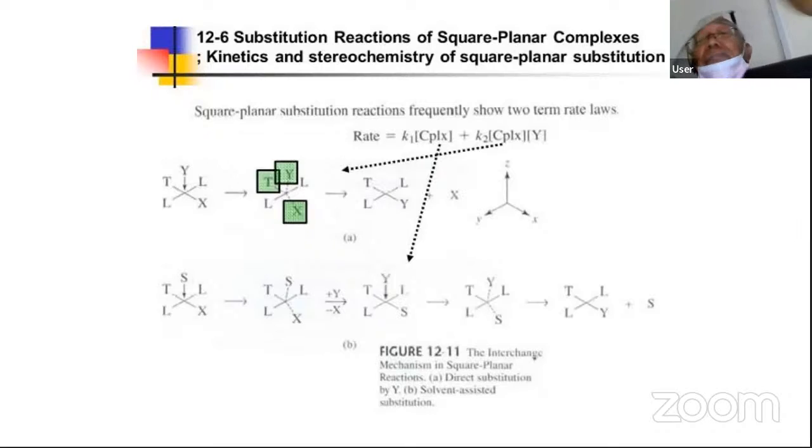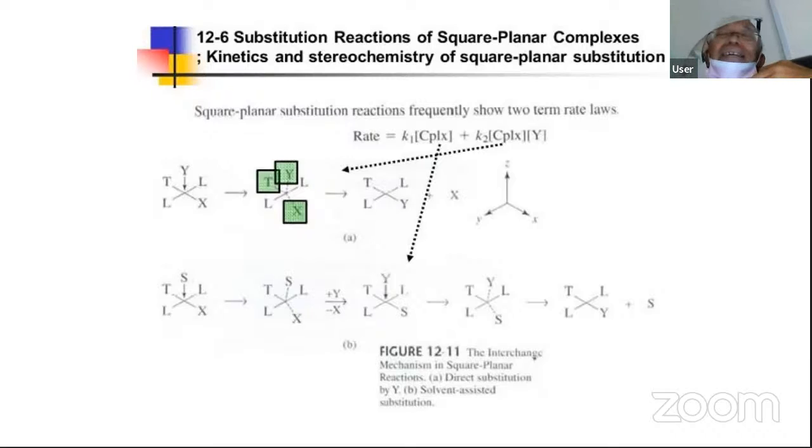I think I have covered the basic concepts when you study the overall aspects of substitution reaction: from the reaction itself, stoichiometry, what is happening, the reaction scheme, and then from there you can predict the dynamics, and then combine with the kinetics.